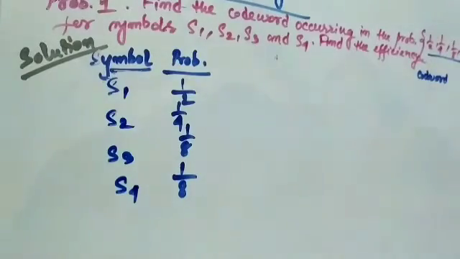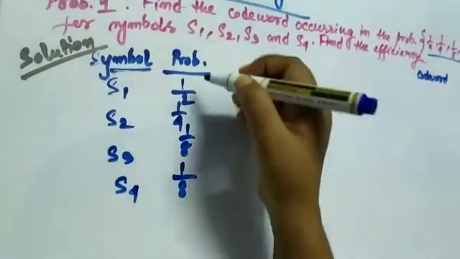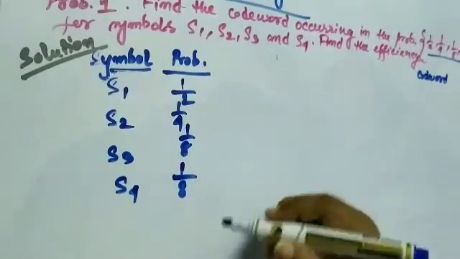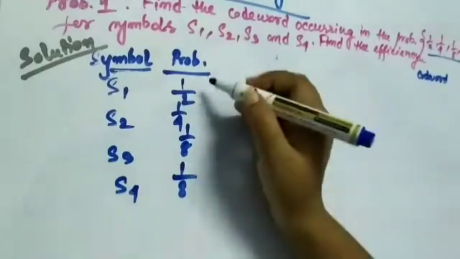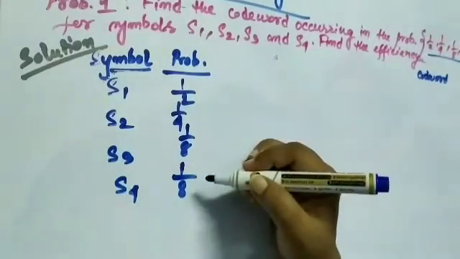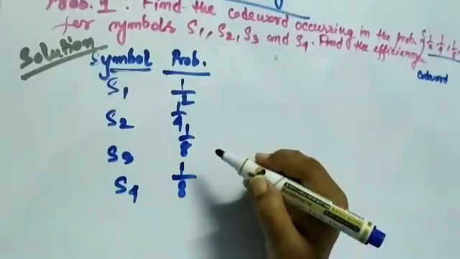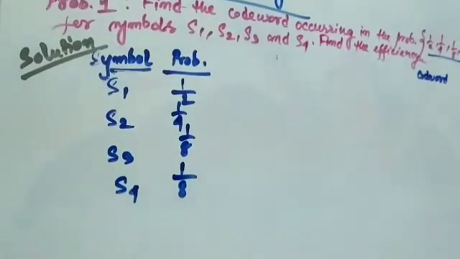After that, the second step is to divide them into two subsets so that the two subsets have equal probability. That means this total set we have to divide into two subsets, where the two subsets have equal probability.